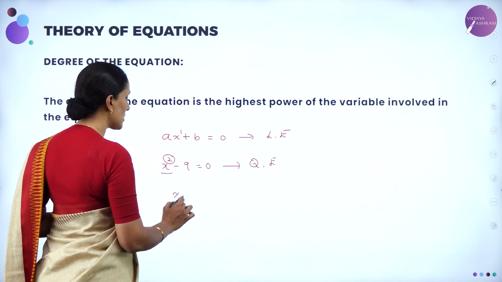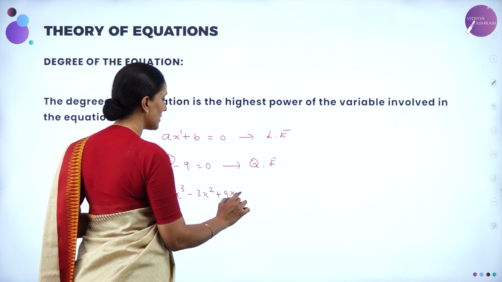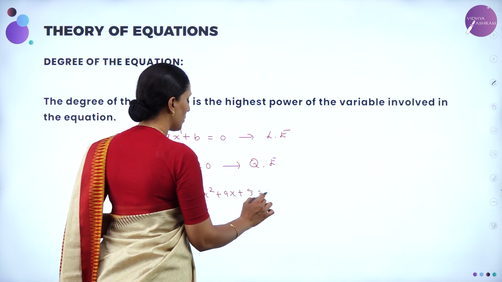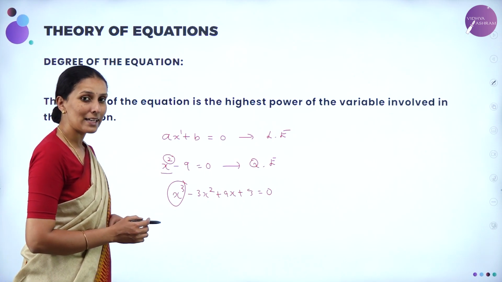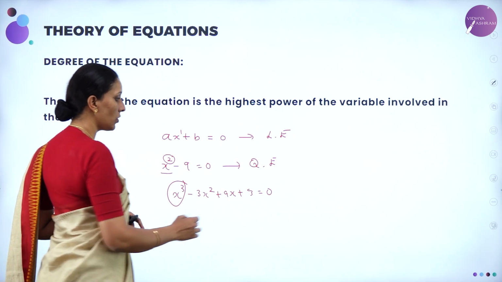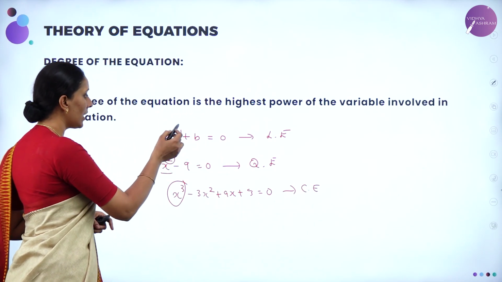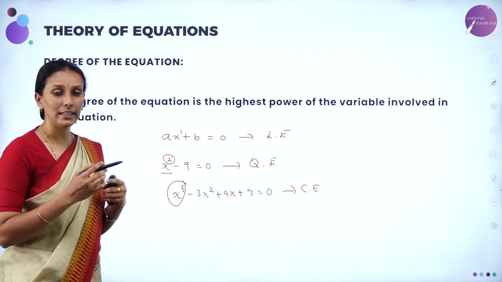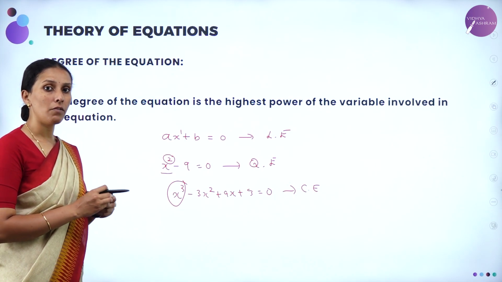Similarly, we come across x cube minus 3x square plus 9x plus 3 is equal to 0. Here the highest degree of the variable is 3. Therefore, it is called a cubic equation. So like this, the degree of the equation decides the type of the equation as well as the number of solutions for the given equation.